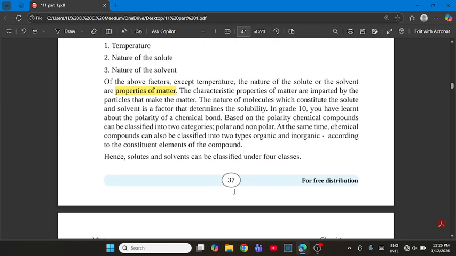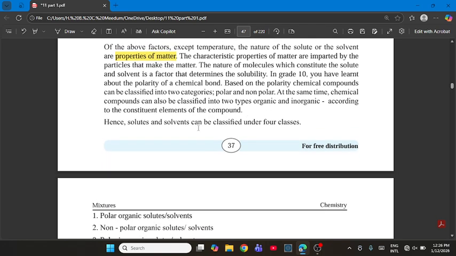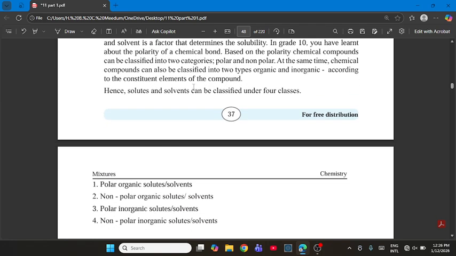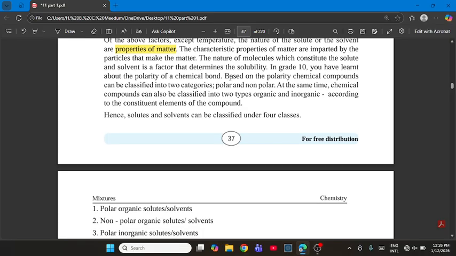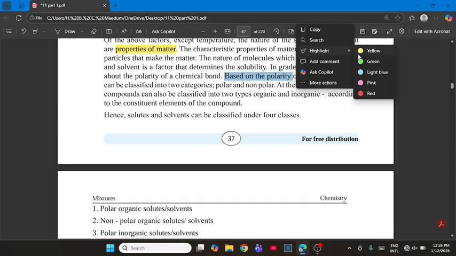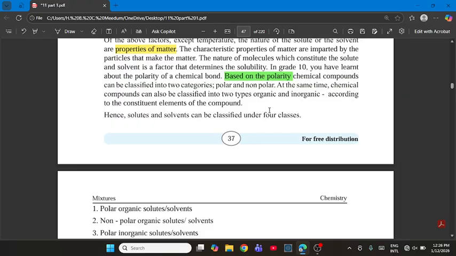Hence, solutes and solvents can be classified under 4 classes. What are they? Polar, organic. Based on the polarity, how did we classify them? As polar and non-polar.